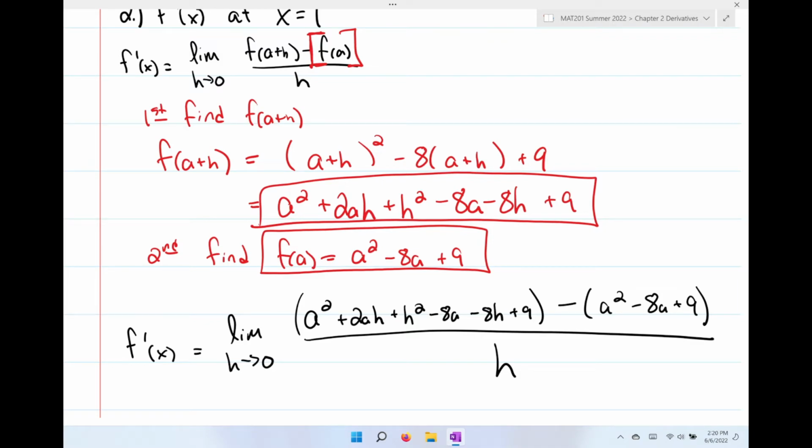Also, if you're doing this correctly and you have polynomials, which is what we have here, this f of a will always cancel itself out. Let me show you.